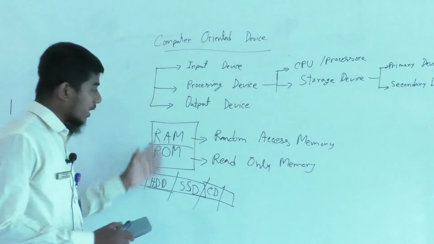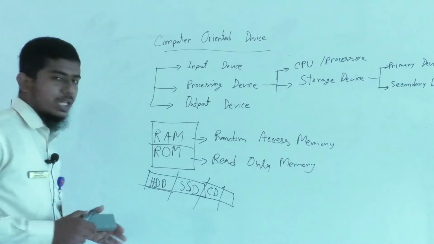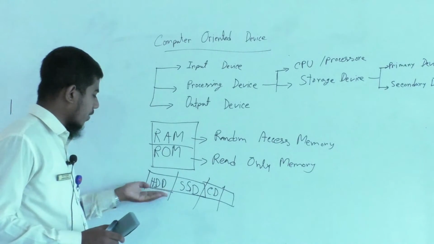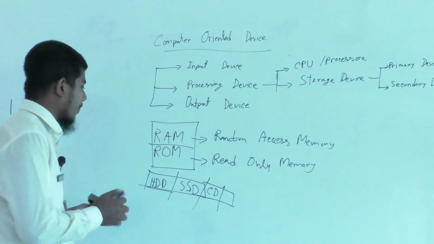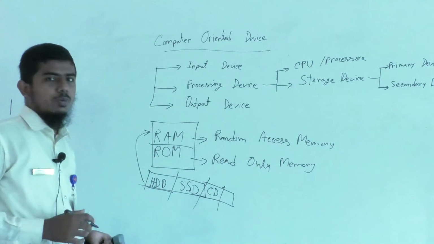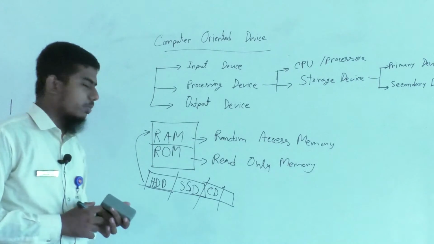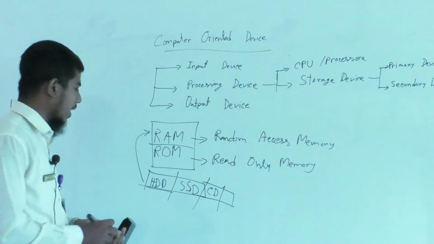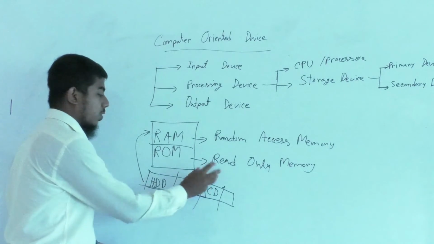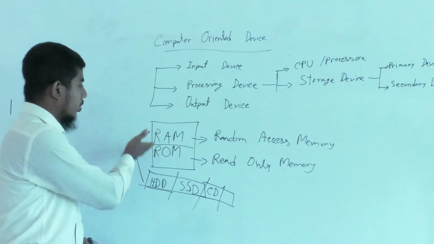So what is the difference between those types of storage devices? When you turn on your computer, your data travels from the hard disk to RAM. At first, ROM is built into your motherboard and it holds the BIOS information, basic input output system. After that, the operating system held in HDD, SSD or CD goes to RAM, random access memory.